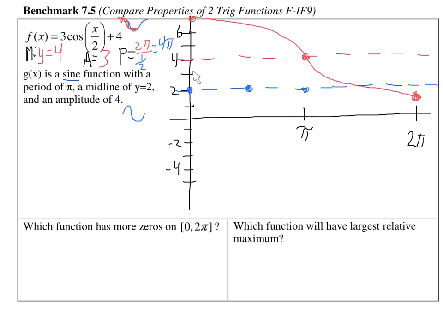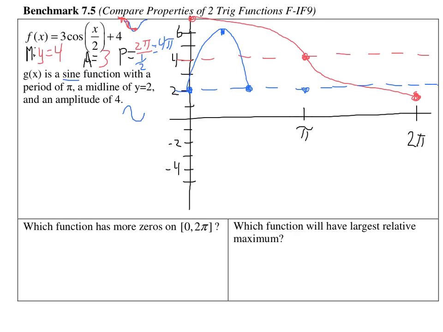Now, how high is this graph going to go and low? Isn't that the amplitude? Doesn't the amplitude tell us how high we're going to go on this graph? So right here in the middle, aren't we going to go 4 up? So wouldn't that be up to 6? The amplitude from the midline is 4.